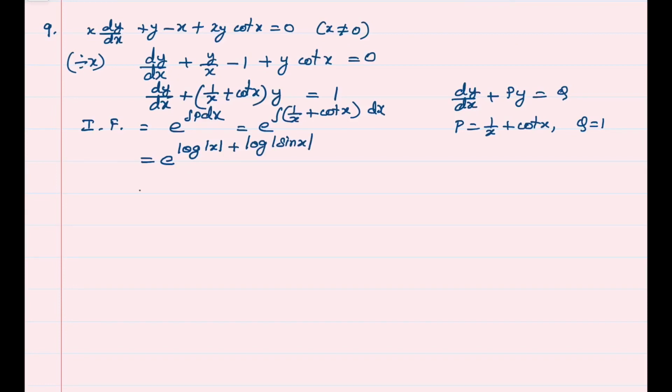We will combine these two log terms. E raised to log of x times sin x. Log a plus log b is log of a into b. Now we can cancel e and log functions. Integrating factor becomes x sin x.